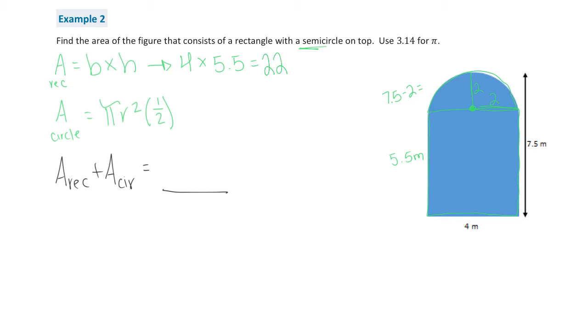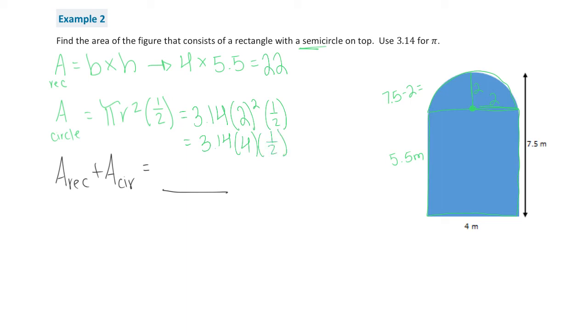So here I'm going to use 3.14 for pi, like it says in our directions, times our radius, which we know is 2, squared, and then we're also going to multiply that by 1/2. So now I know I have 3.14 times 2 squared, and 2 squared is going to give us 4, times 1/2.